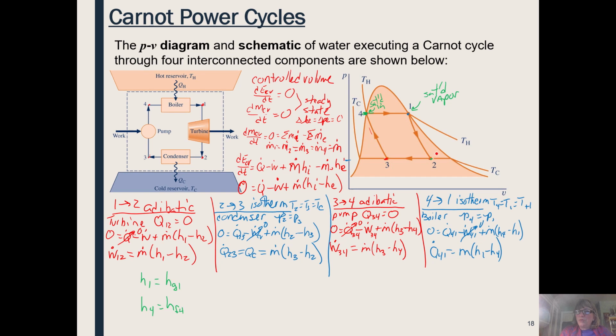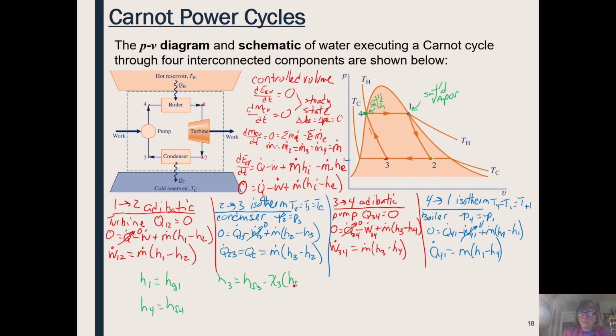Now at states 3 and 2, we're within that liquid-vapor dome, and because of that, temperature and pressure are dependent on each other, so we can't know where we are within that dome. We need another property, and sometimes they'll give you the quality, other times they'll give you the specific volume, so then you can find the quality and so forth. If they give us the quality, then we can find h3, because we know h_f3 plus the quality times h_fg.